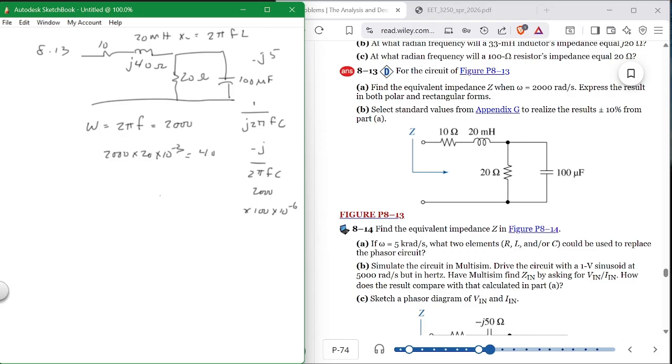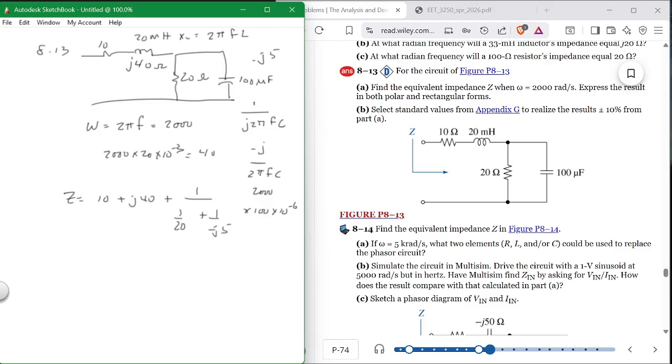Okay? So what do we have for the total Z? Z is equal to 10 plus J40 plus, now this and this are in parallel, so it is 1 over 1 over 20 plus 1 over minus J5. So can you do that all at once? Yes, you can.